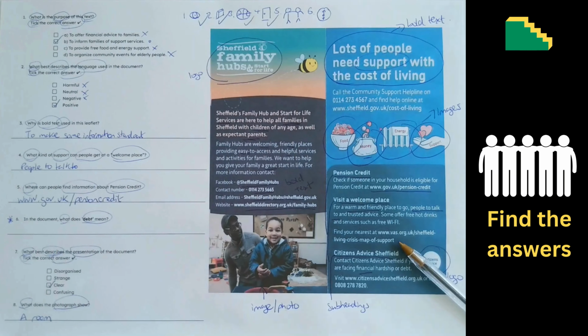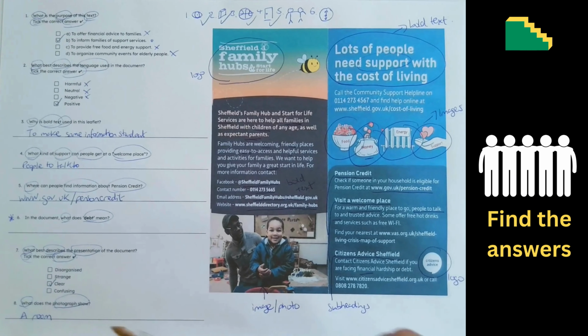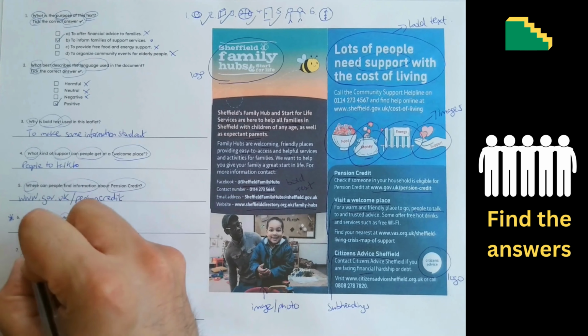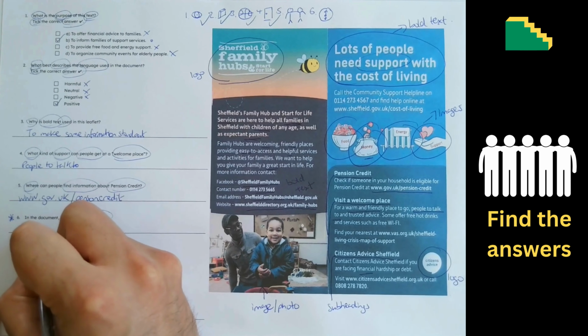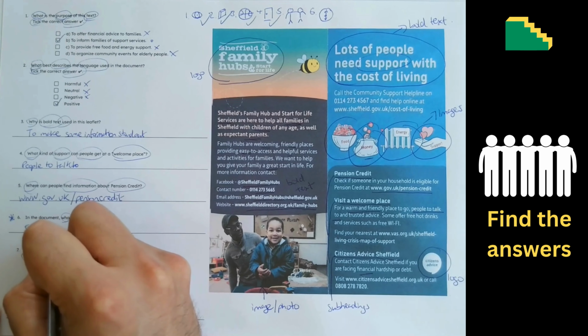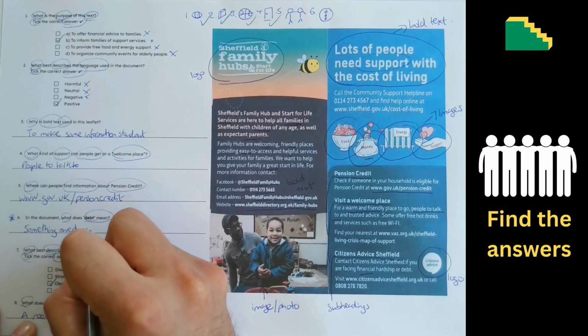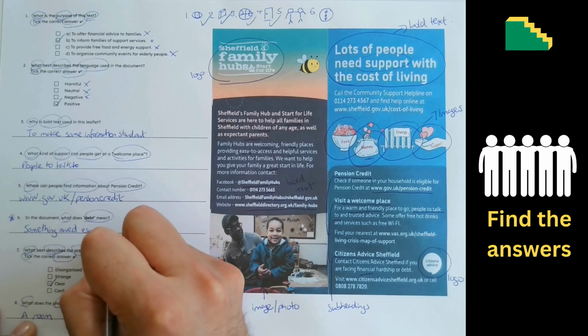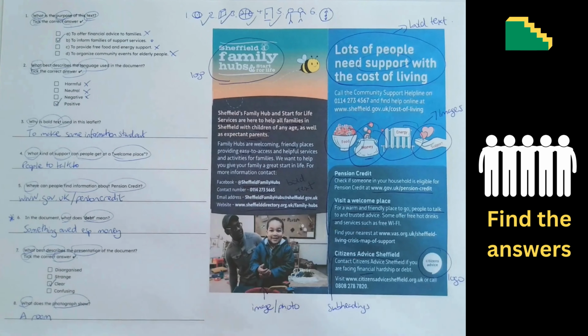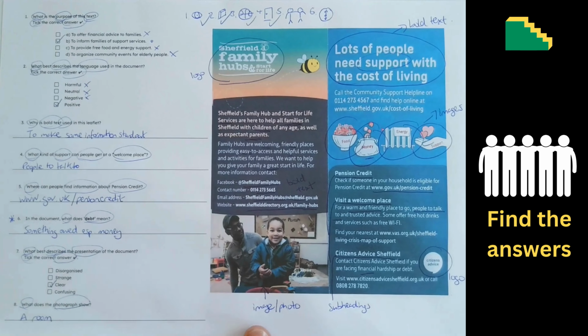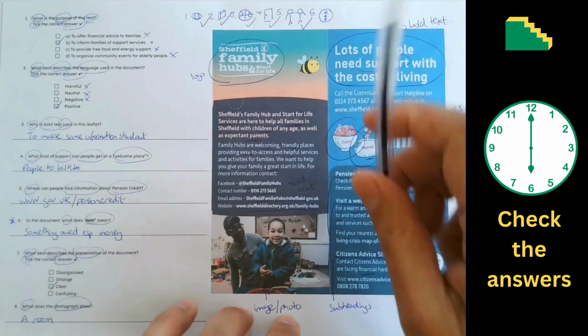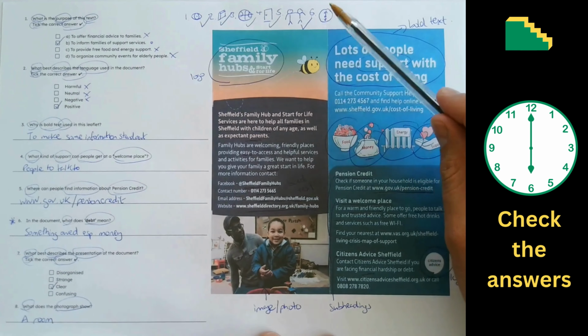I'm going to carefully write that definition on that line. As you see here. Something owed esp. money. Okay, so I found my answers. I found my friends. I'll take that off too. Last step is to check the answers at 6 o'clock.